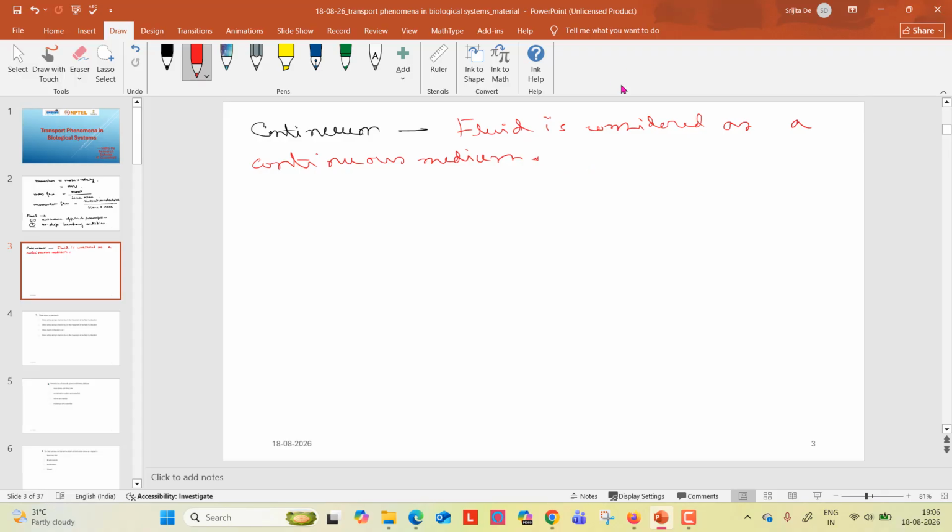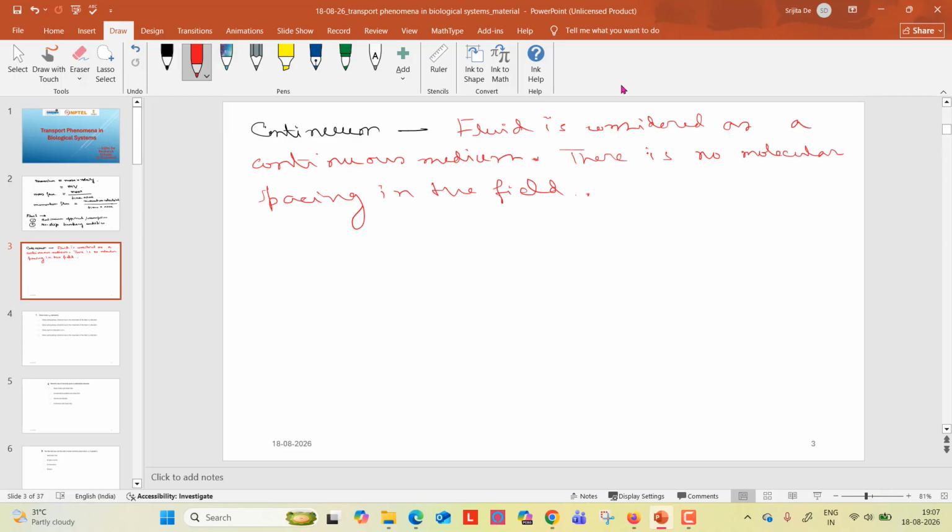That means we are considering that there is no molecular spacing in the field. That means we are not considering the individual molecules here.